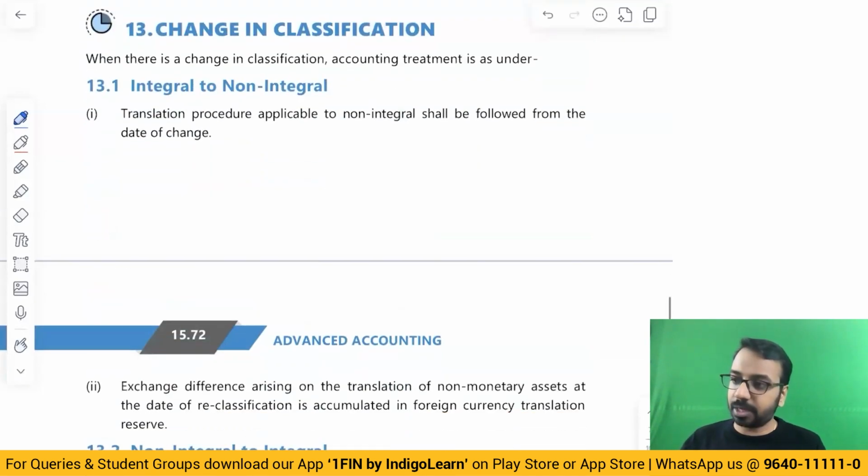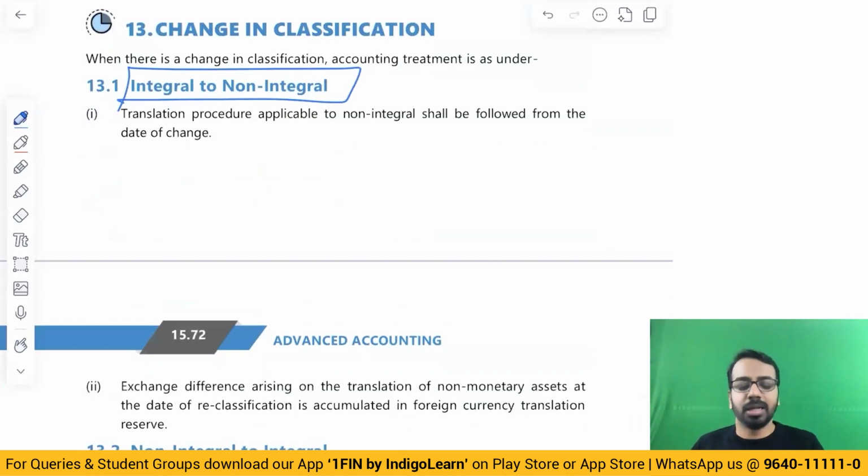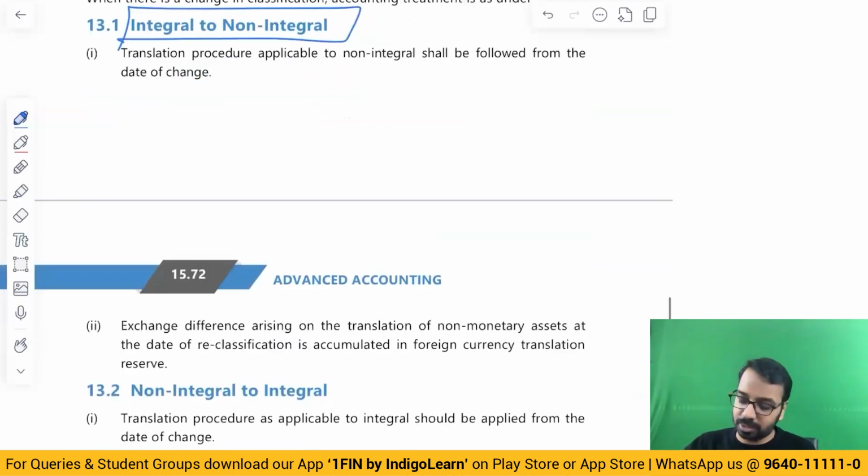Then we have this classification, integral to non-integral. If at all there is an integral foreign operation and now we have decided that it will be non-integral, then from the date of translation till the date it was integral, exchange difference will be taken to P&L. Subsequent to that, any exchange difference will be accumulated in the foreign currency translation reserve.